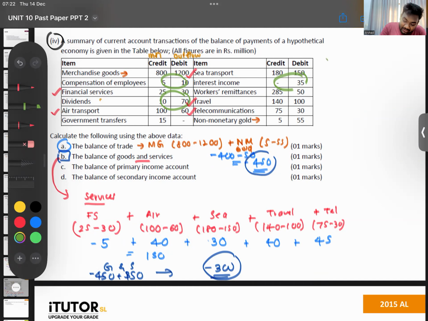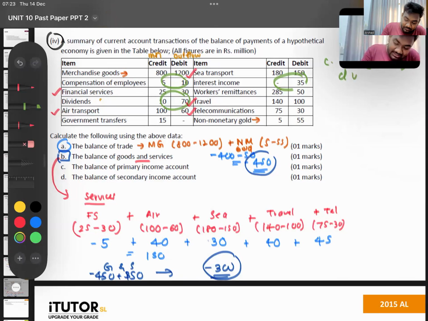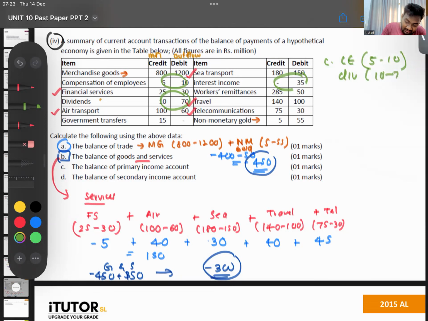So primary income: compensation of employees is 5 minus 10, minus 5. Dividends 10 minus 70, minus 60. Interest income 0 minus 35, minus 35. First we get a deficit of 100 in primary income.